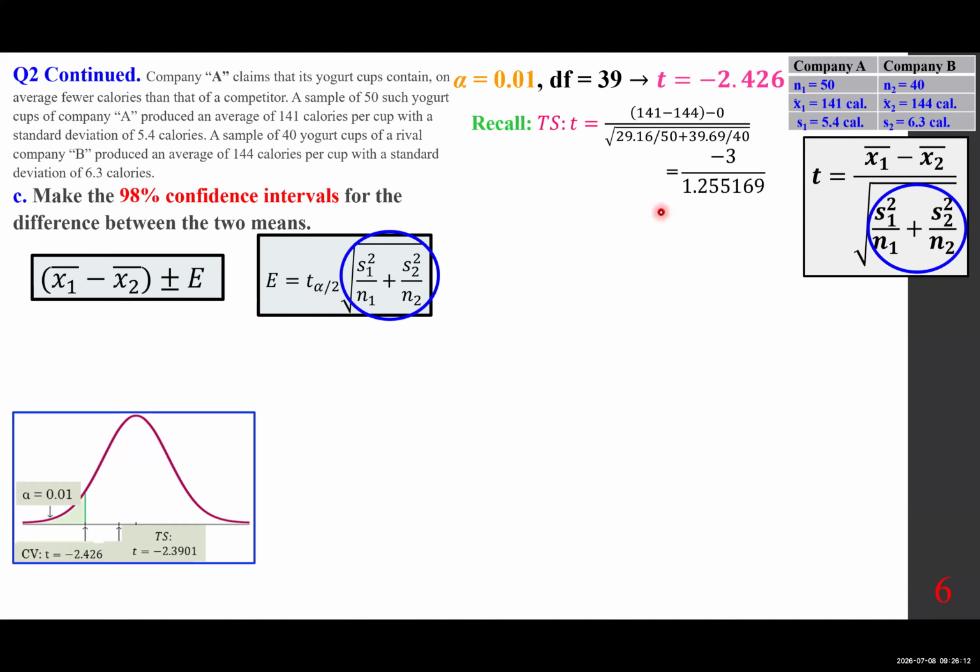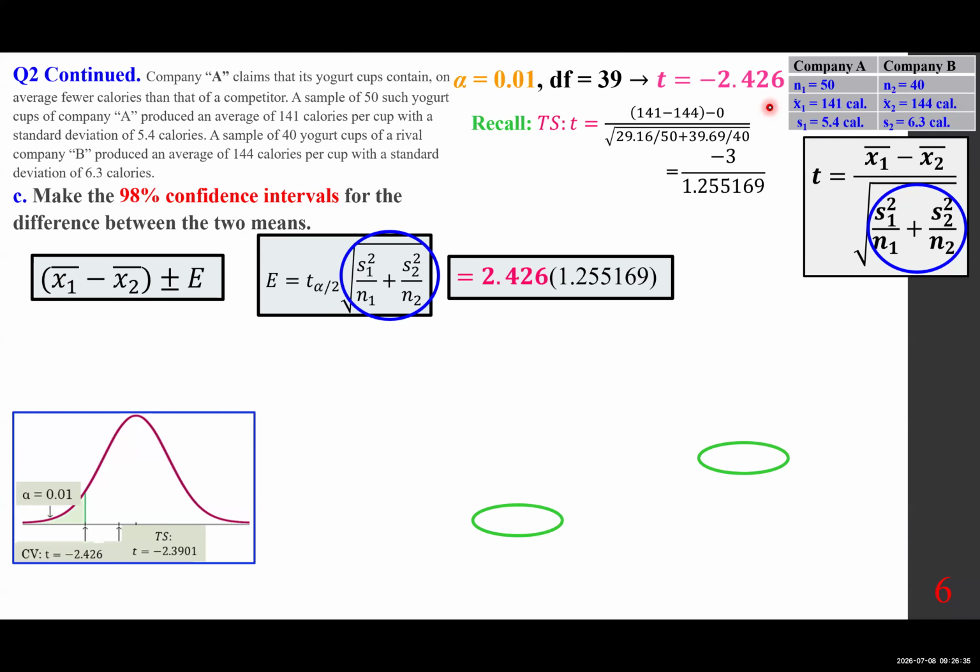So you have this value, 2.426. That's the t we had before with degrees of freedom of 39. My point being, you really don't have to do much calculation. Understand this is the numerator here, this is the denominator, and this one is the t value.